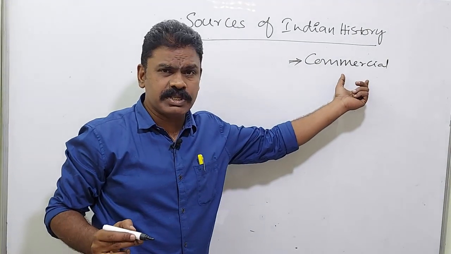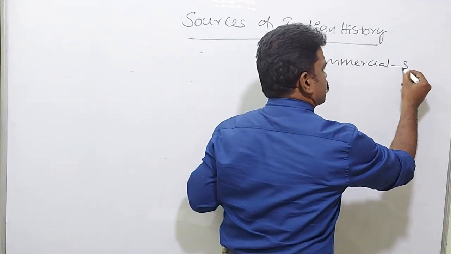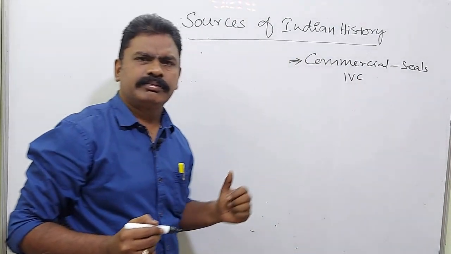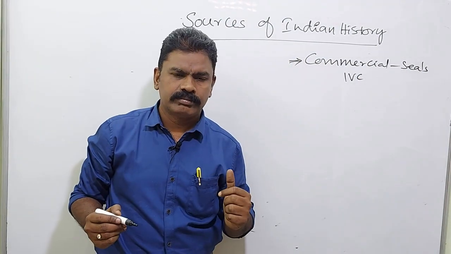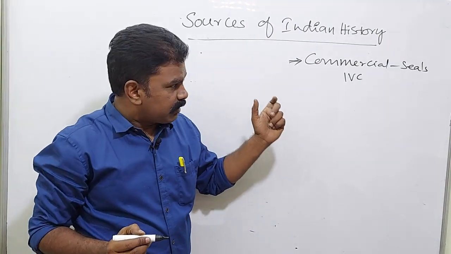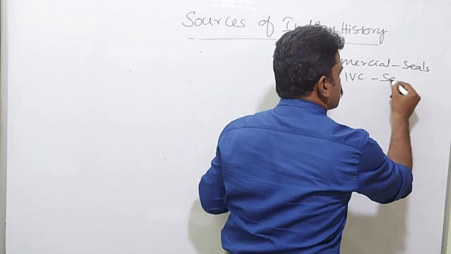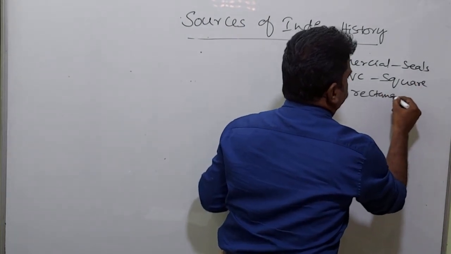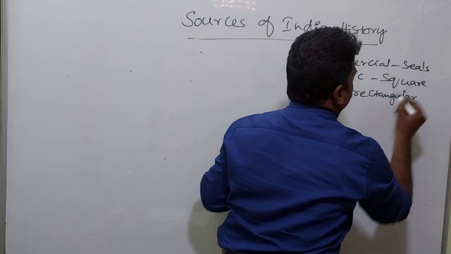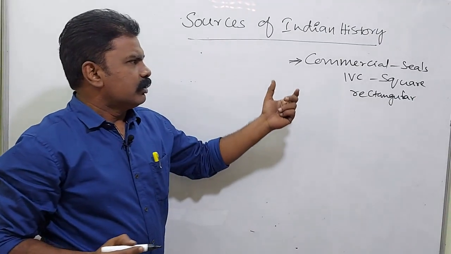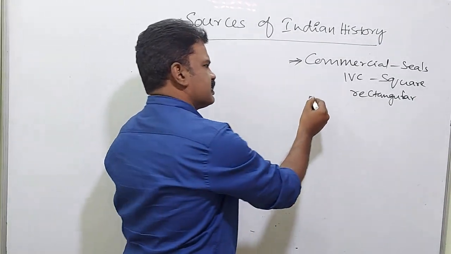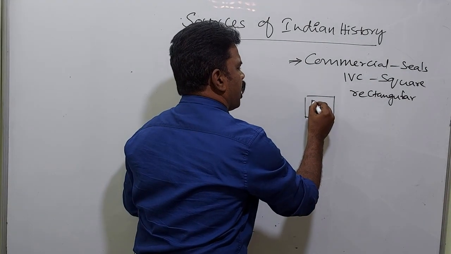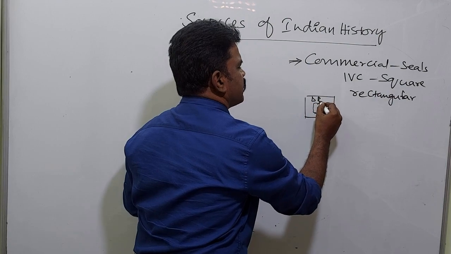These commercial inscriptions are the seals used in the Indus Valley civilization period, or Harappan civilization period. Mostly they are in square or rectangular shape. On a seal, suppose this is a square seal, there would be one figure. Above the figure, you can find some signs like this.